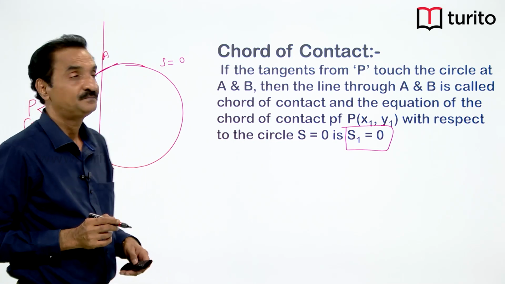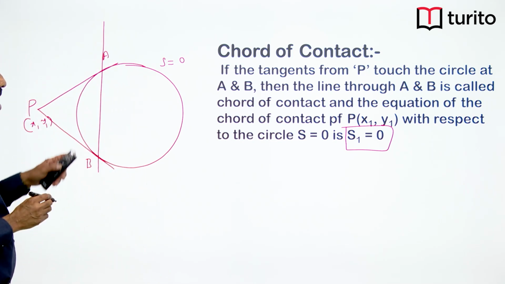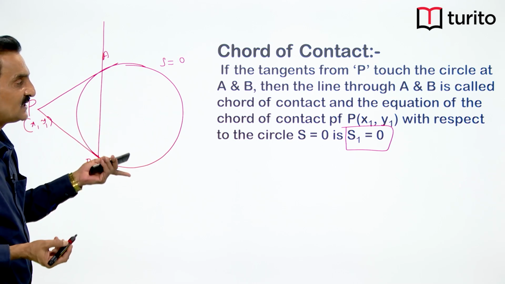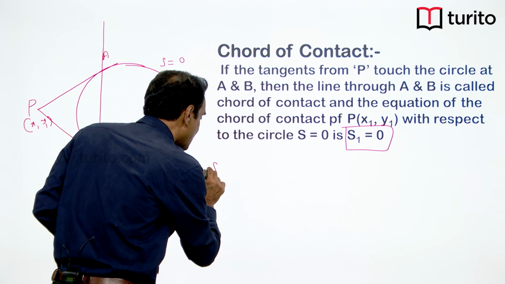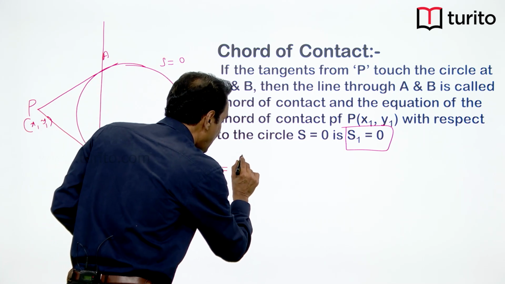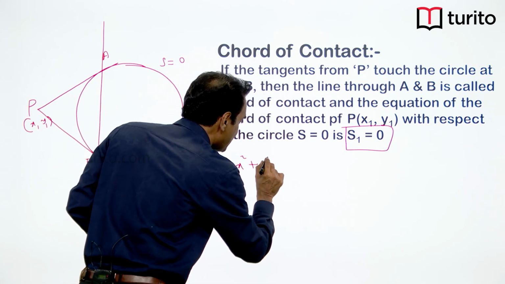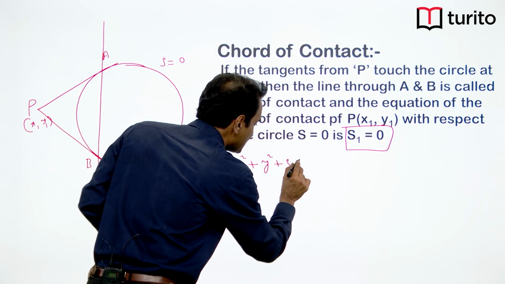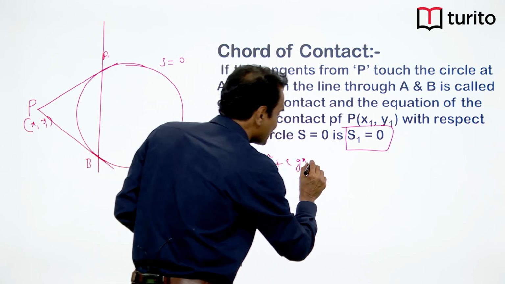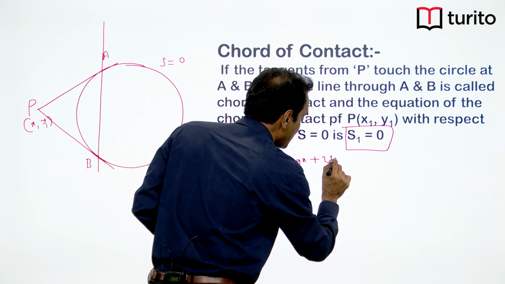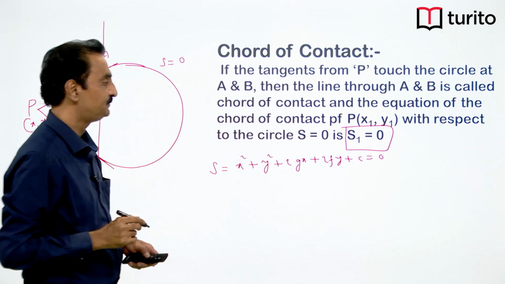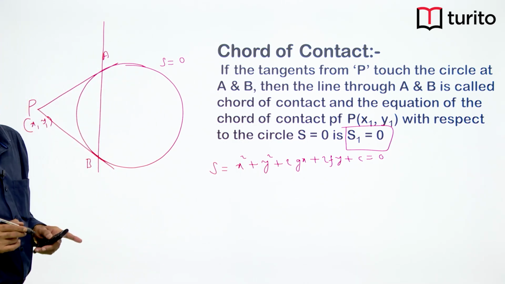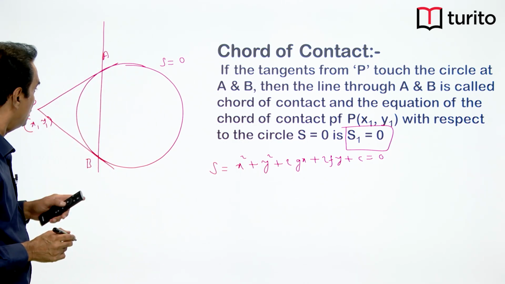How? S equal to 0 means the usual form, the general equation of the circle. S is x square plus y square plus 2gx plus 2fy plus c equal to 0. P is x1, y1.